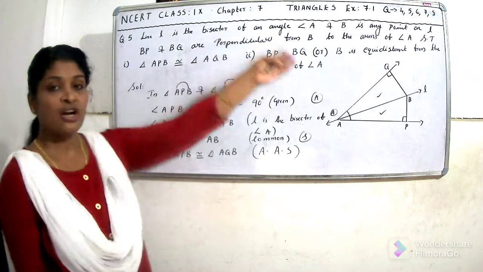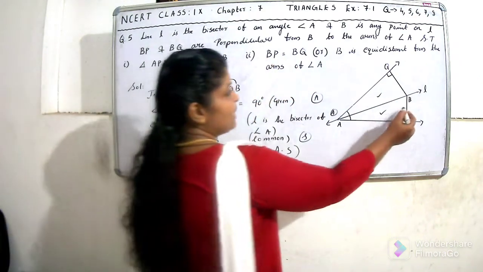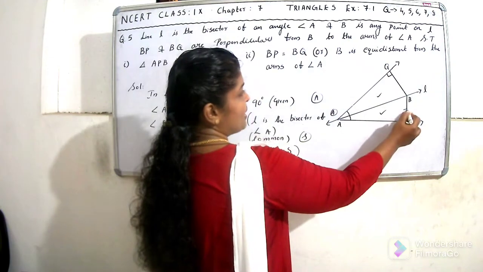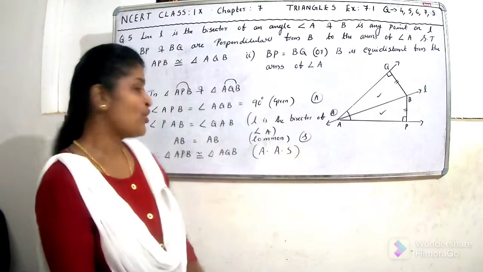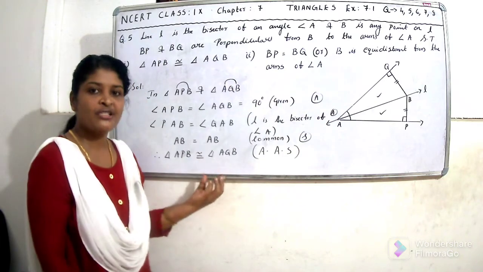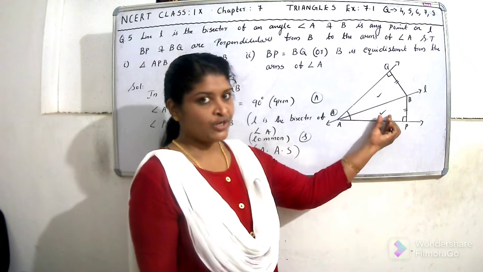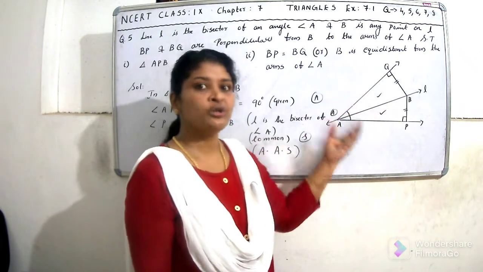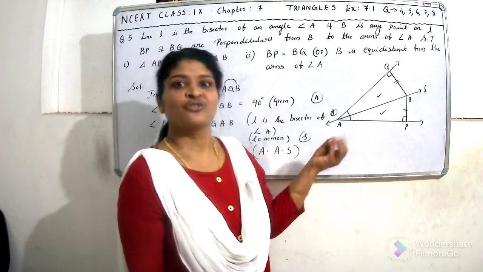Question not finished. One more part it is there. BP equal to BQ. That two are equal, no? Because already we said the two triangles are congruent. Okay, so if these two triangles are congruent, which are the sides and angles we not mentioned, they are also equal. Because of what reason? Because of CPCT.